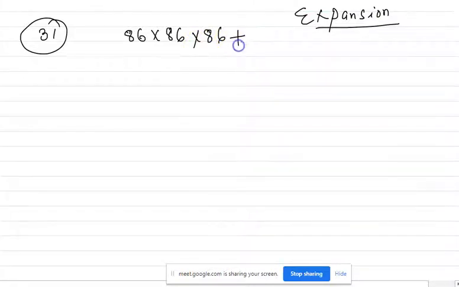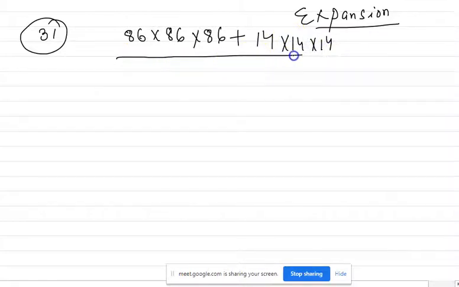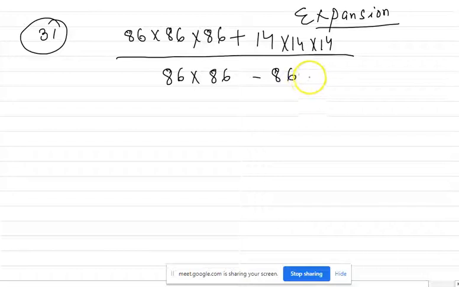plus 14 into 14 into 14, divided by 86 into 86 minus 86 into 14, then plus 14 into 14.